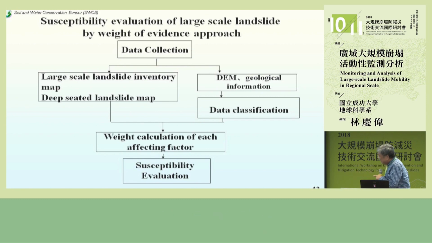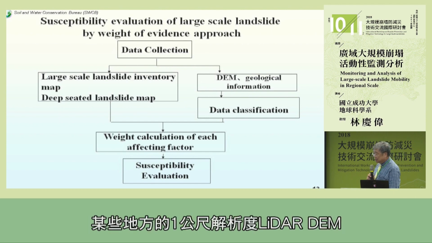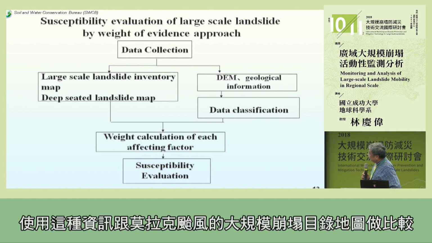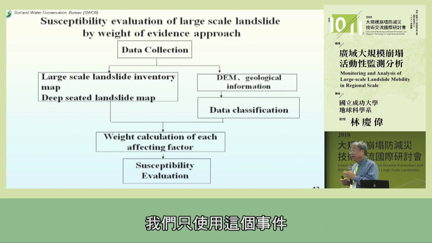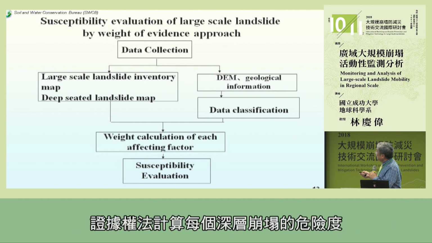I just mentioned we are lucky to have a 1 meter resolution LiDAR DEM taken in some parts of Taiwan in 2005. Using this information compared to the large-scale landslide inventory map induced by Typhoon Morakot, using only that event, we try to use the weight of evidence method to calculate the susceptibility of each deep-seated landslide.